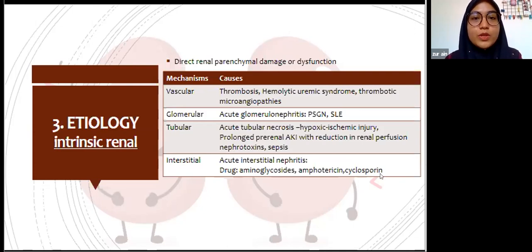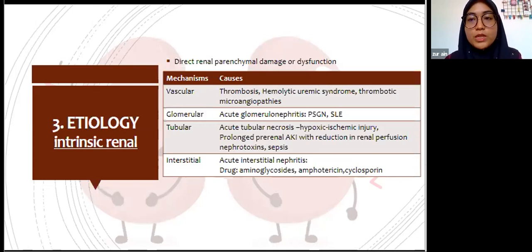Also, HUS and thrombotic microangiopathy eventually lead to ischemia and damage the renal parenchyma. And for glomerular disease, for example, acute glomerulonephritis such as PSGN or SLE, the pathophysiology is that they are always related to autoimmune insult directly to the kidney.